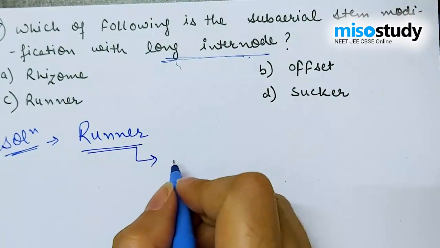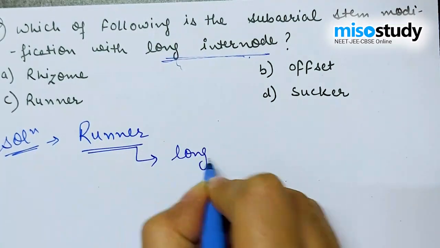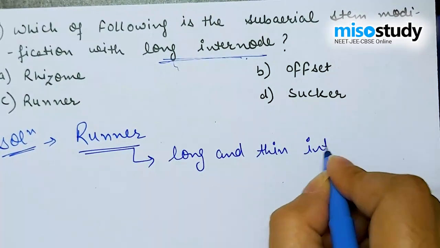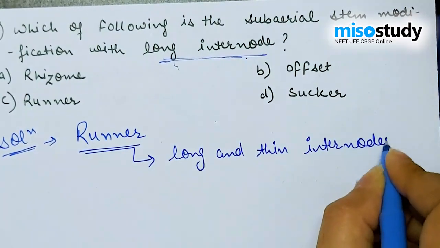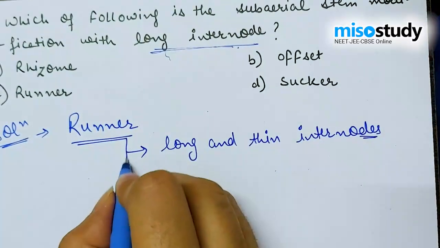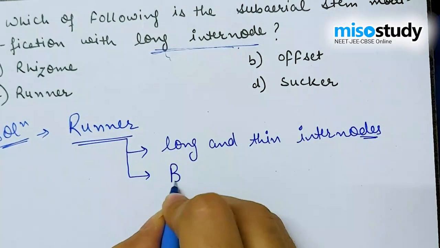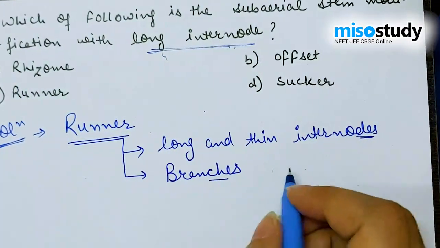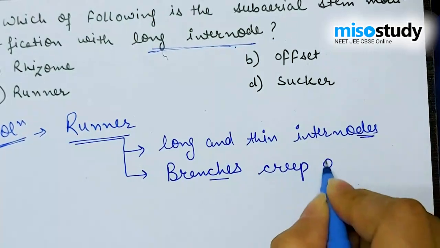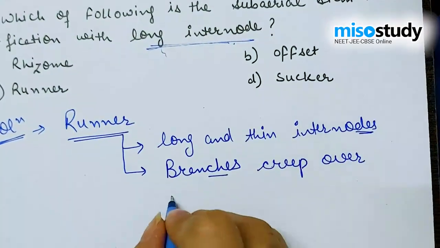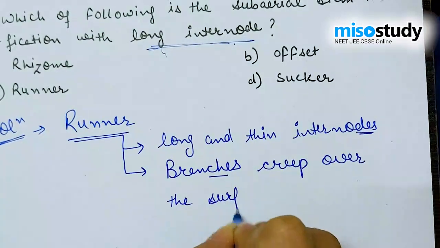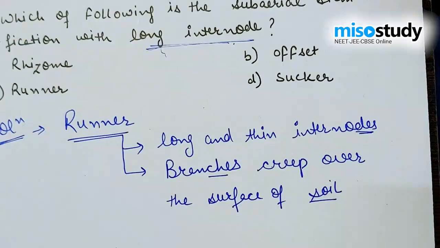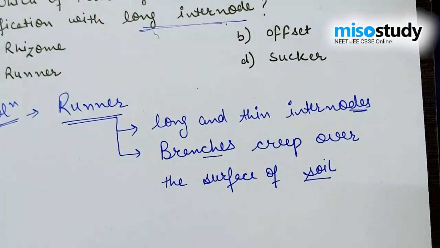Runners generally possess long and thin internodes and branches that creep over the surface of the soil.